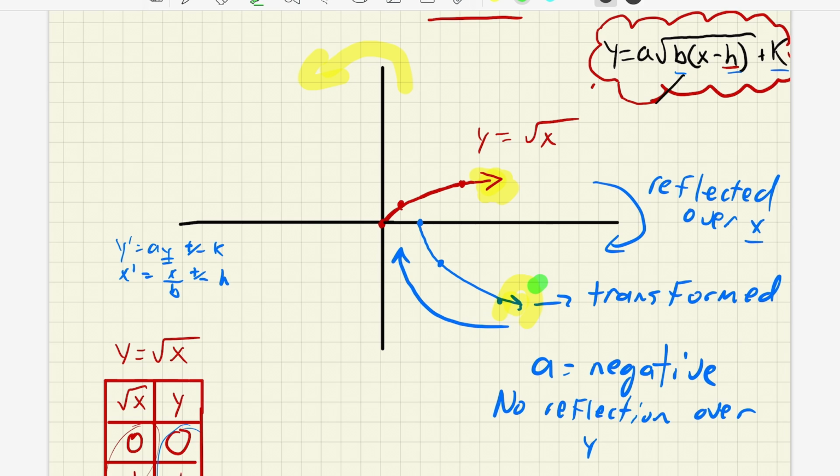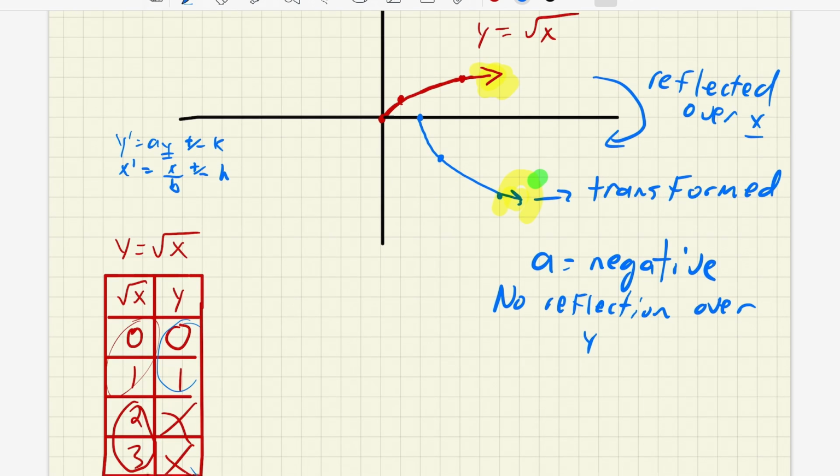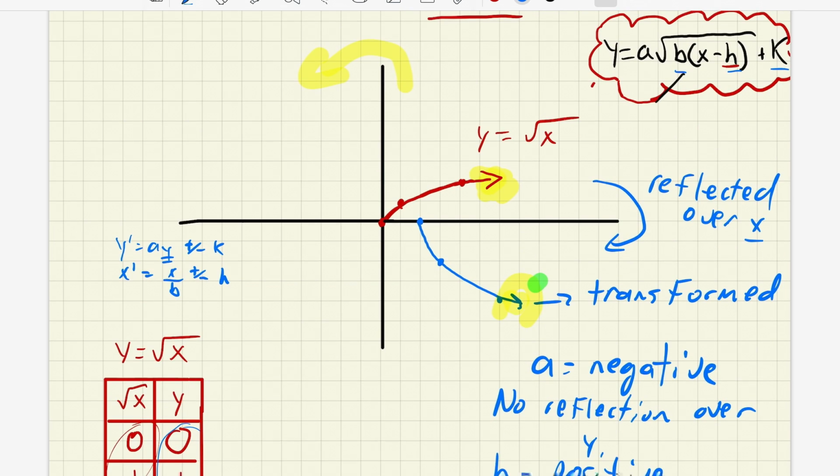So if you see the arrow pointing the opposite direction, that usually means that there was a reflection over the y-axis. But in this case, it wasn't, so we can gather that there was no reflection over the y, but there was a reflection over the x. So if there's no reflection over the y, that means that the b is still positive, if there is a b value at all.